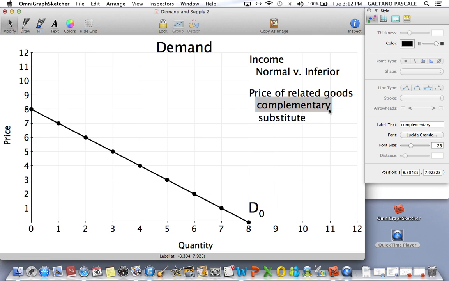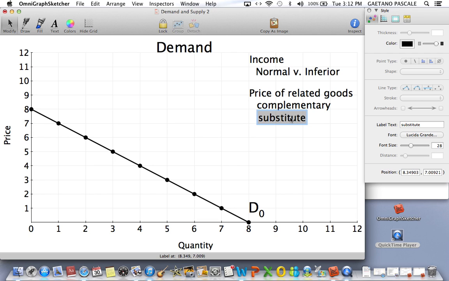For substitute goods, the exact opposite is the case. If the price of a substitute good goes up, that increases the demand for the other product. Let me give you an example for substitutes. I forget when it was, sometime in the 90s, there was a dramatic frost in the coffee growing regions, and the amount of coffee grown in the world dramatically decreased.